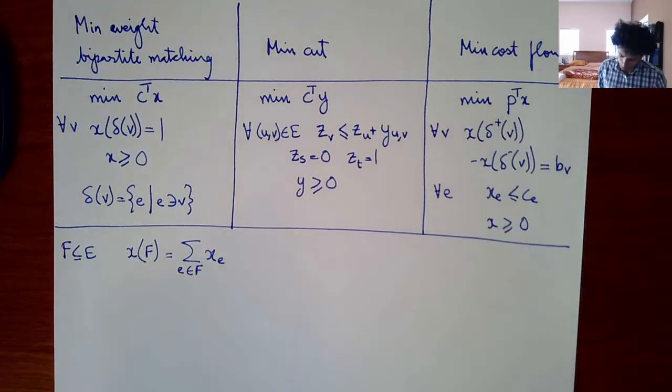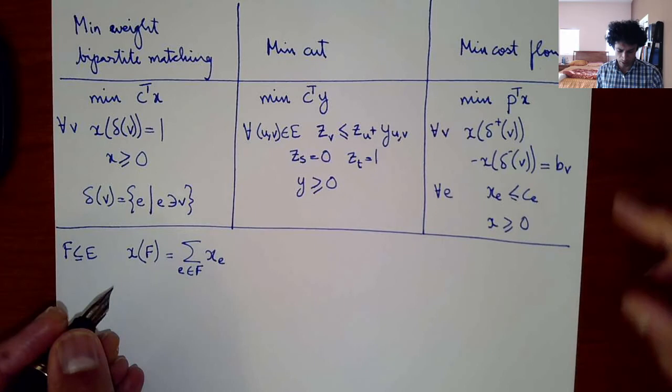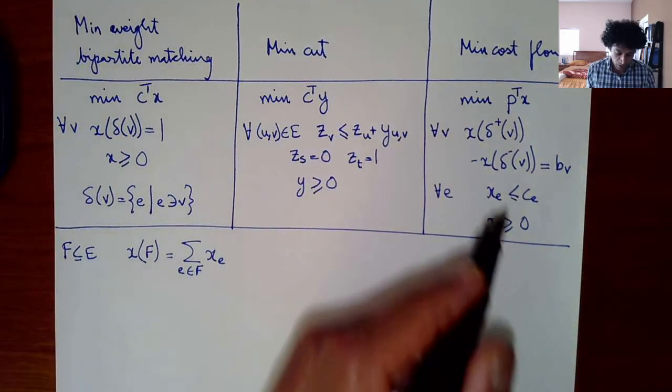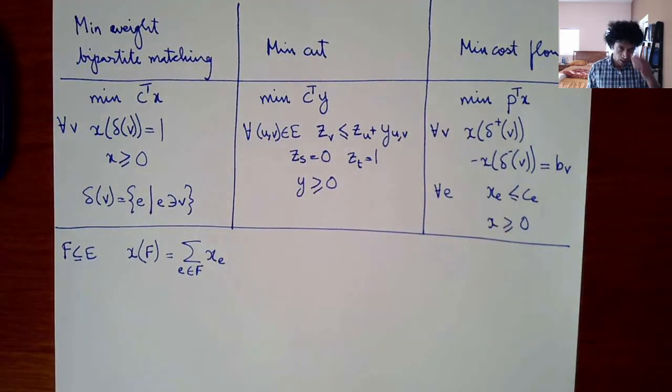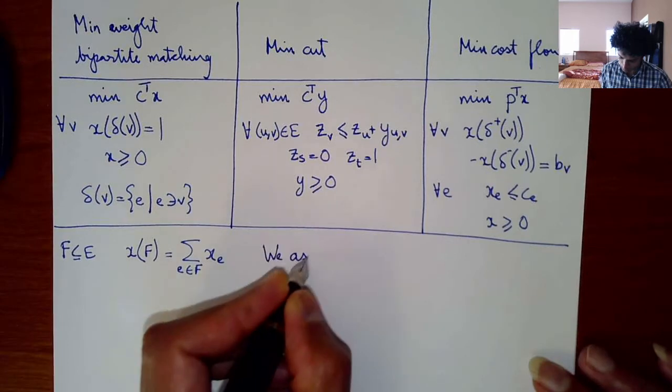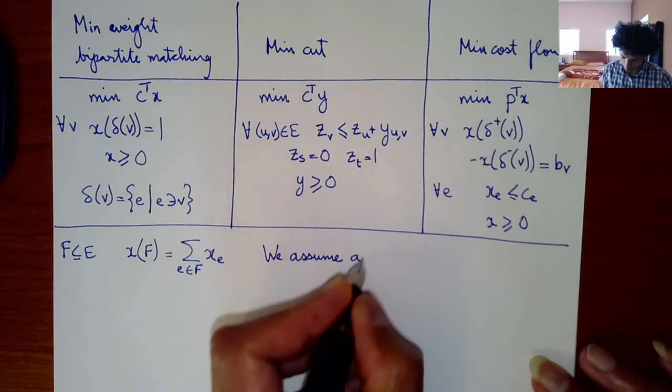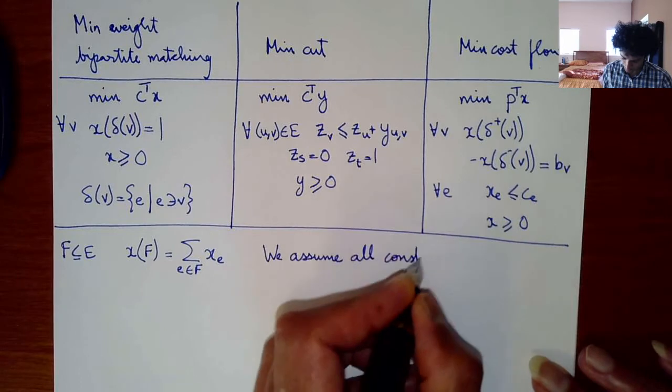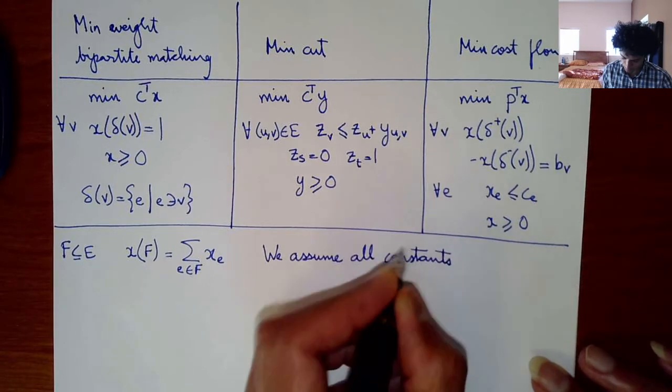And for min-cost flow, the proof that the solution has integer coordinates is actually by Ford-Fulkerson. If you think about the augmenting cycle algorithm, then you will see that you get an integral flow. So we assume all constants are integers.